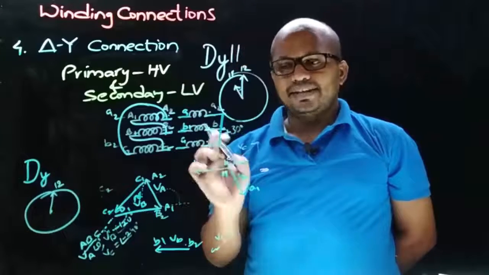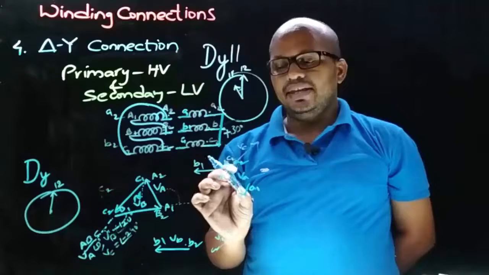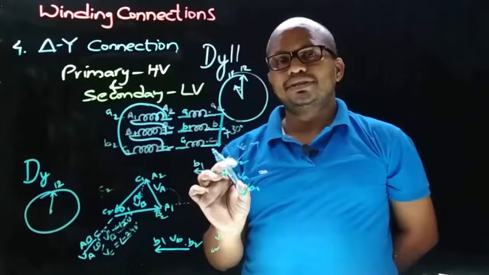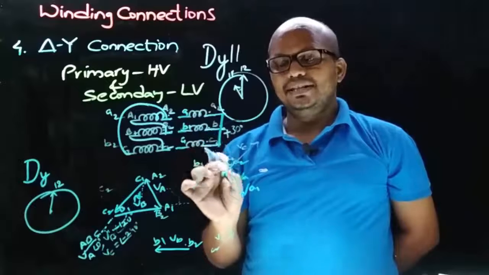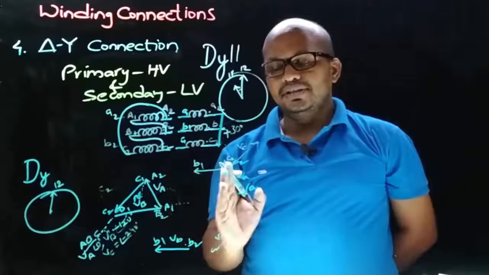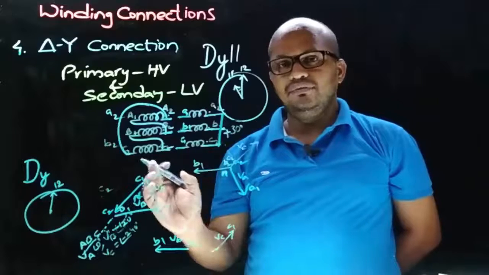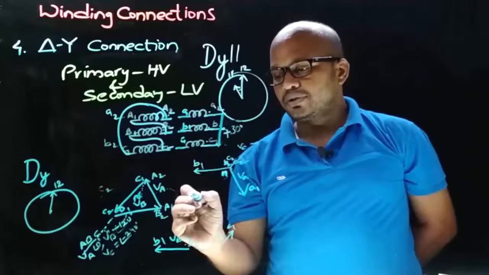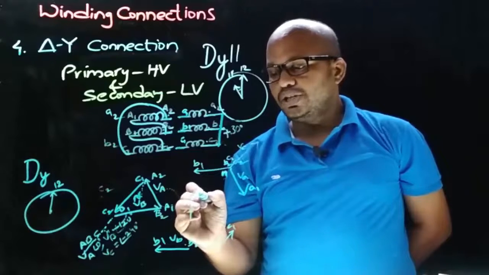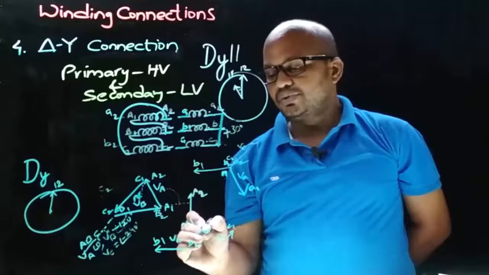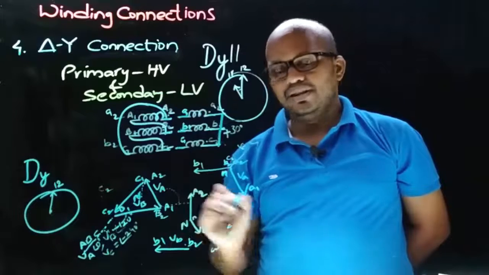Coming to the secondary side phasor diagram, A1N is the phase to neutral voltage, and the LV side phase to neutral voltage is represented with the hour needle in a clock. Therefore, first let's superimpose this diagram on this diagram and observe the phase to neutral voltage of the HV winding and LV winding. If you superimpose them, the HV winding phase to neutral voltage and LV winding phase to neutral voltage will look like this.